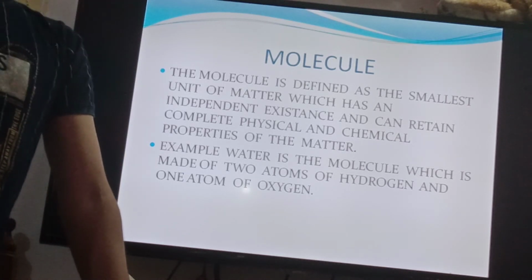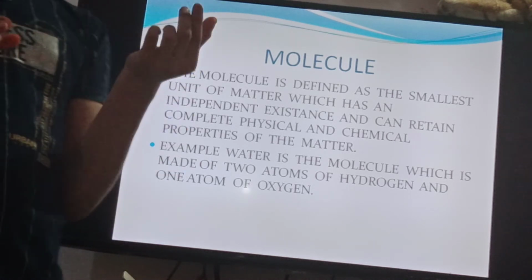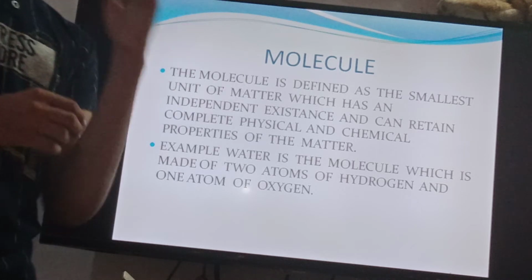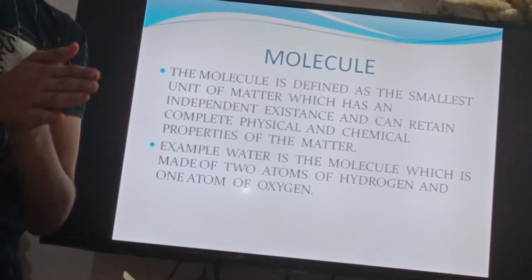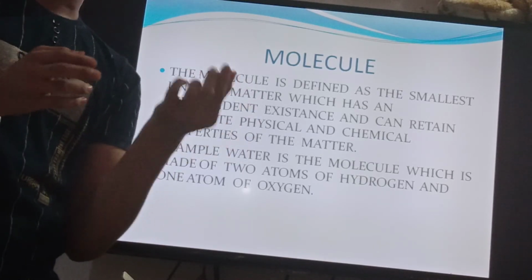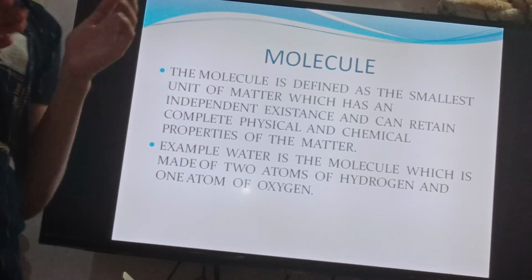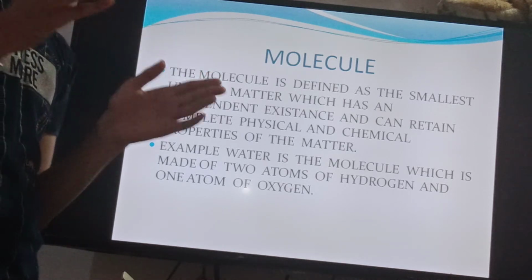If H2O is made, it cannot be subdivided. Okay, because if it evaporates, in which form will it evaporate? It's the droplet. And the droplet is also water, and it is also made up of H2 and O. It can be divided only by chemical processes.